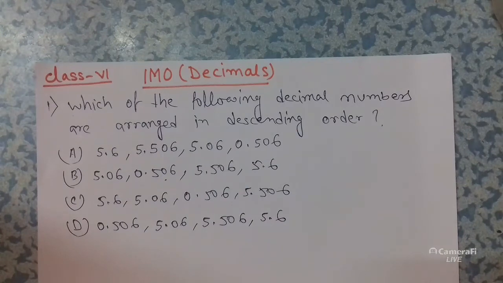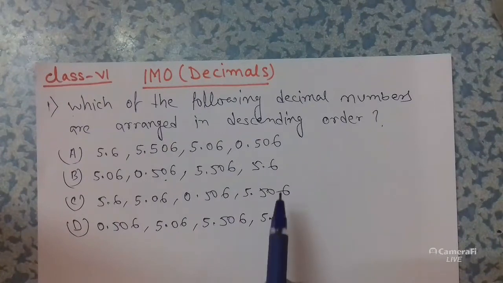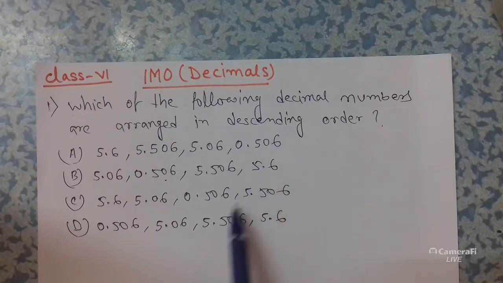These are the given four options. So we have to find which one is arranged in descending order.